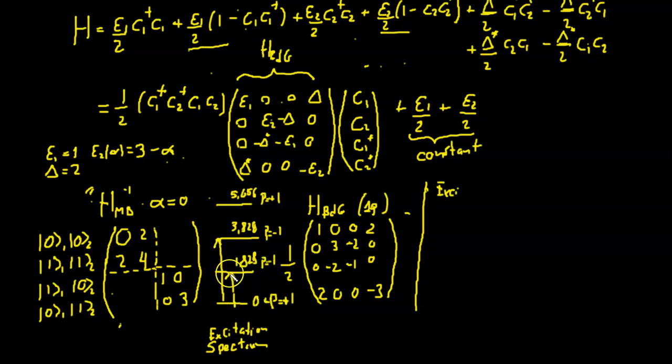So from here to here and from here to here, I'm exciting one excitation, right? One single quasiparticle, if you wish. So I have two quasiparticles here. And now, if I go from here to here, I am on the same parity. I have two quasiparticles. Now, if you do the math, 5.656 is exactly 3.82 plus 1.828.